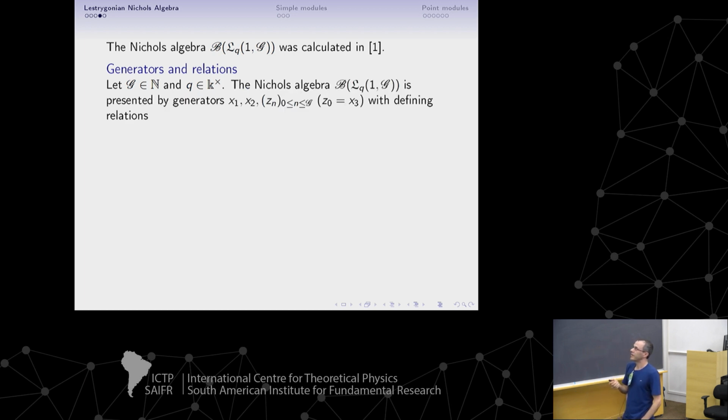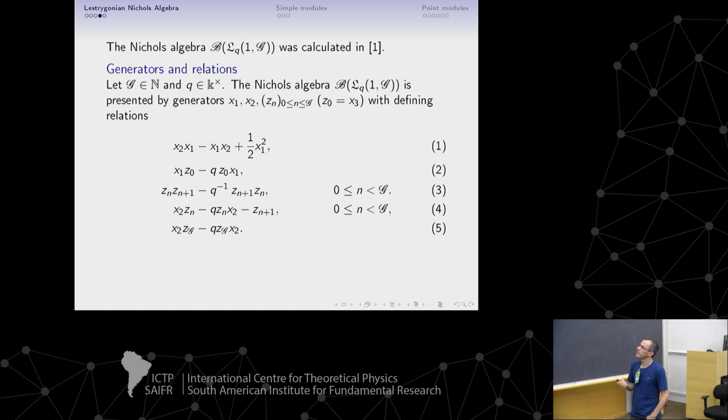This algebra is generated by 3 elements, x1, x2, x3, but here we put more elements for technical reasons, and satisfies the following relations. Here we have a quadratic relation.